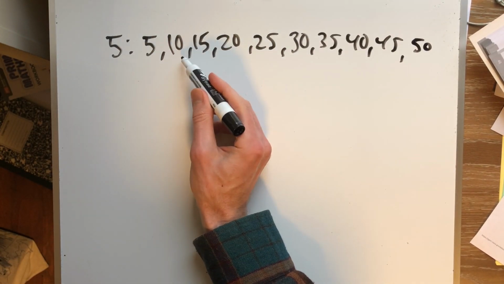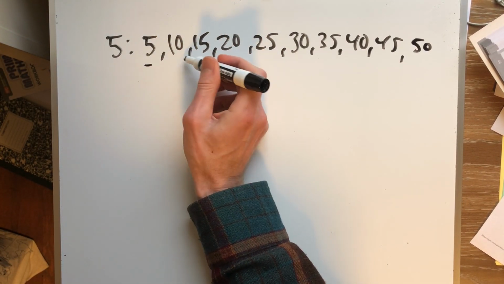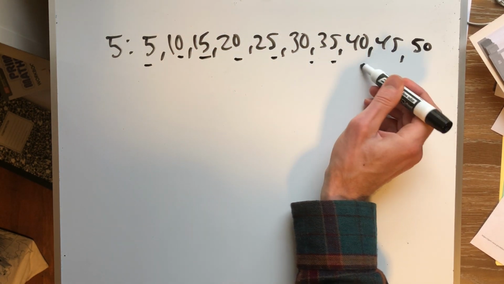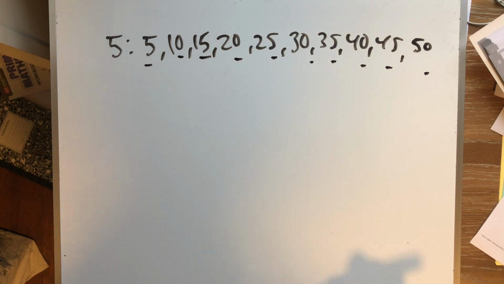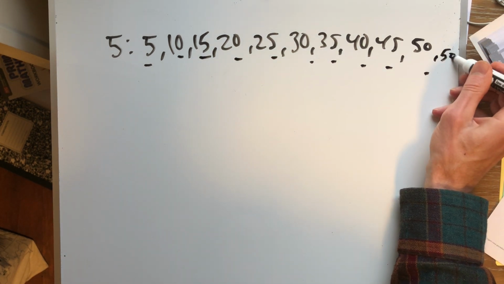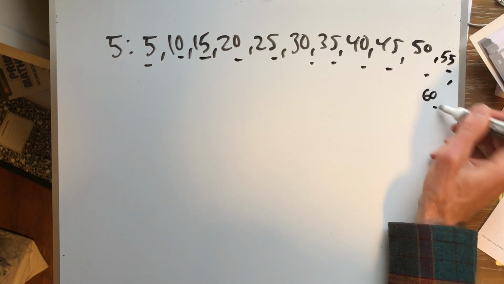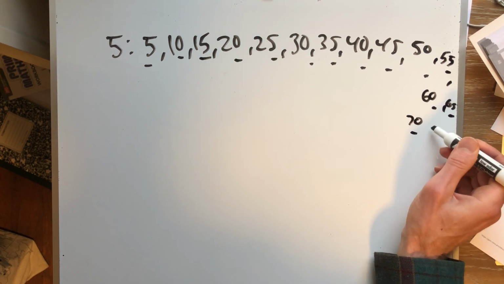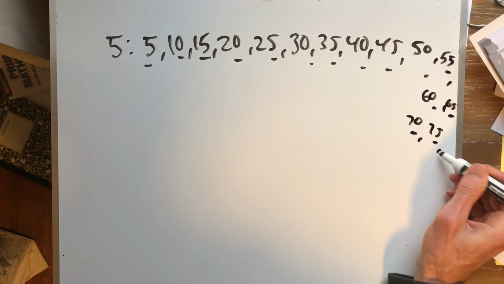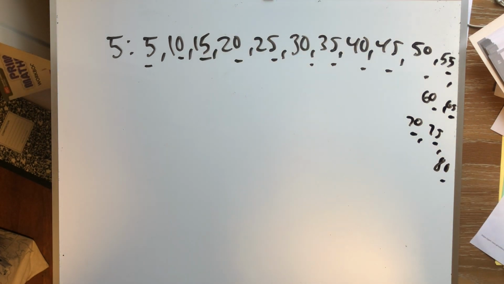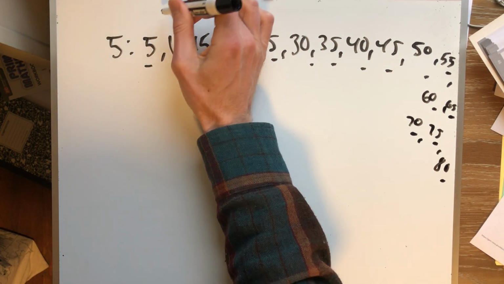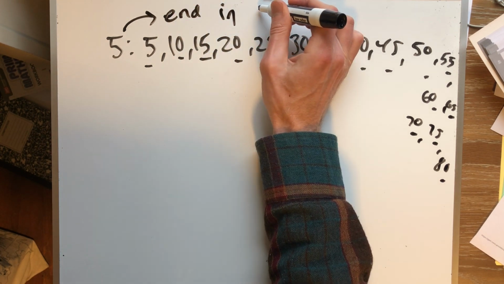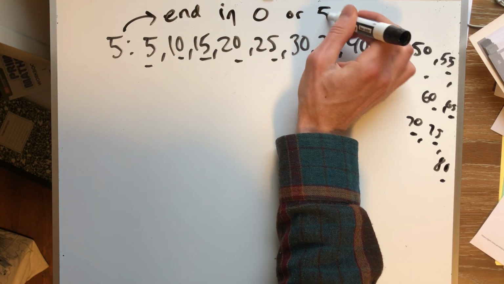What do the numbers all end with? 5, 0, 5, 0, 5, 0, 5, 0, 5, 0. Next up is 55, 5. Then 60, 0. Then 65, 5. Then 70, 0. Then 75, 5. Then 80, 0. 5s end in 0 or 5.